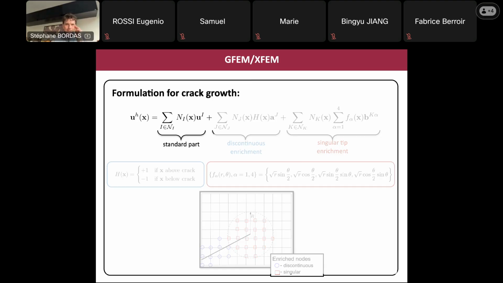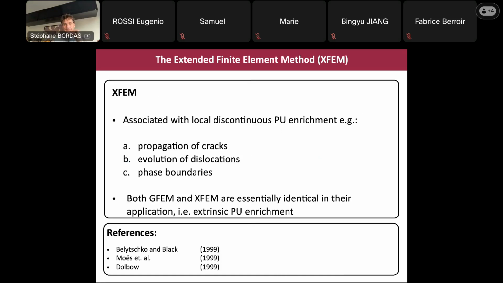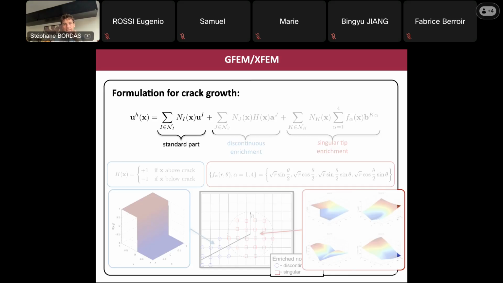That's the standard polynomial function, ni of x times ui. Very simple, just the standard part. The second one is the discontinuous enrichment. That is going to give you a jump in the function. So that jump you see at the bottom left here is literally a discontinuous function, a Heaviside function you use directly in the approximation.